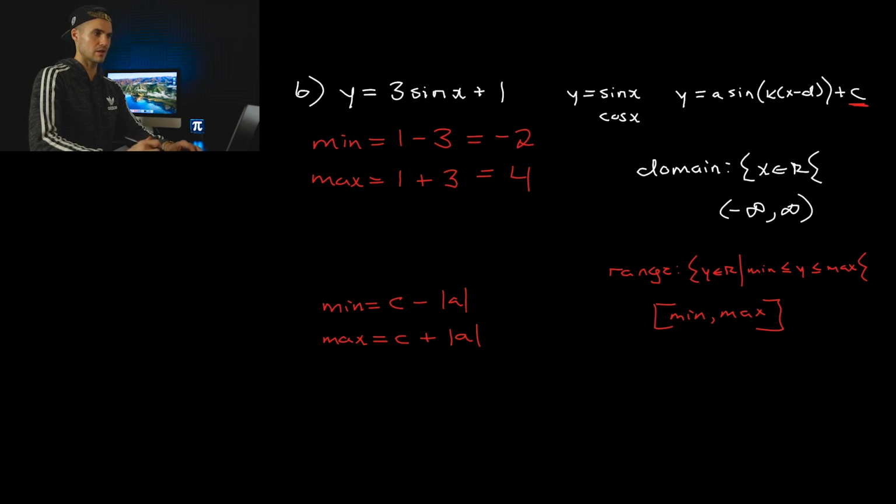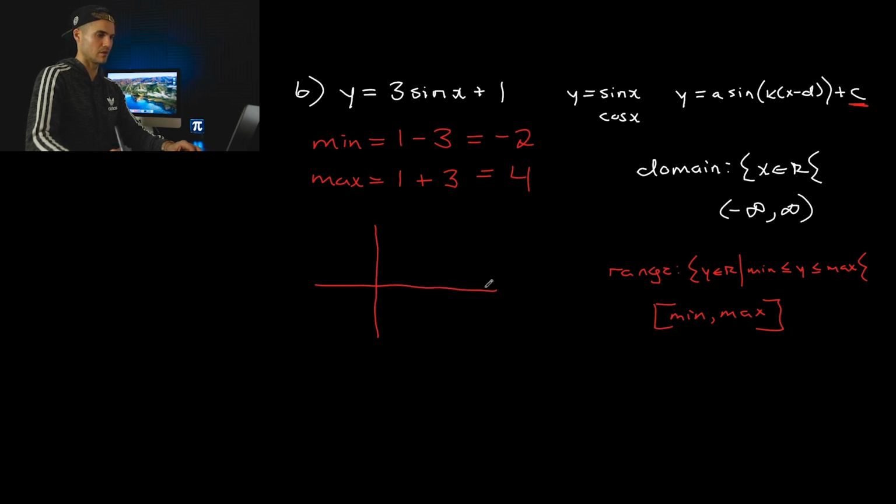And so you could just write the range with that, right? But if you wanted to see a visual of this, basically the way it would look is, okay, we'd be at the axis at 1, we'd have a maximum at 4, and then we'd have a minimum at -2, right? And so it's basically like this, right?